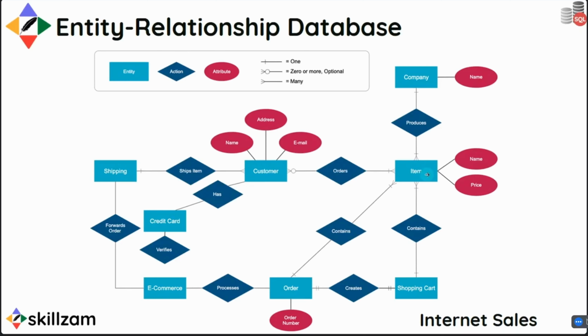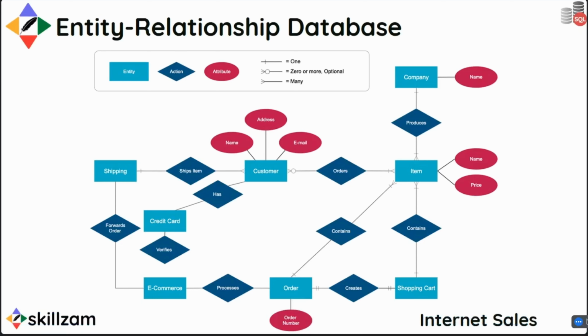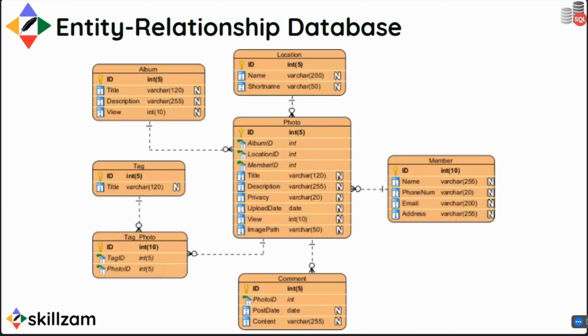Customer orders the item, whereas company produces the items. And item is contained in the shopping cart. This is how the relationship is read in relationship diagrams. And this is another example as well, just for reference, I'll share this with you as well.